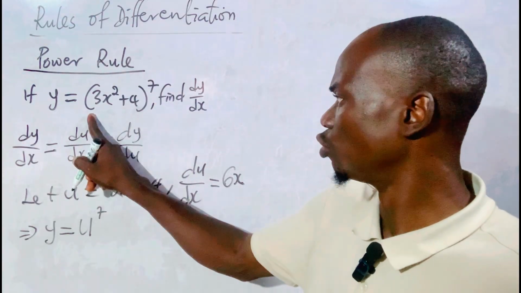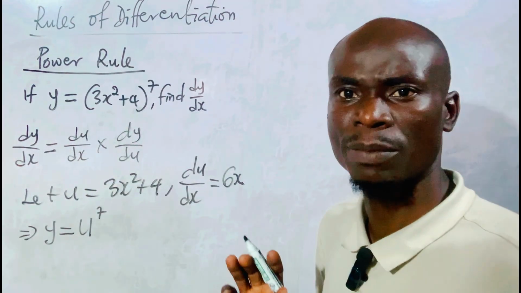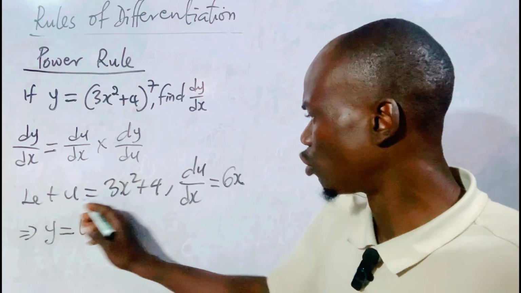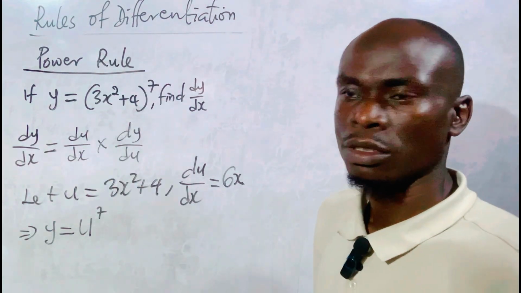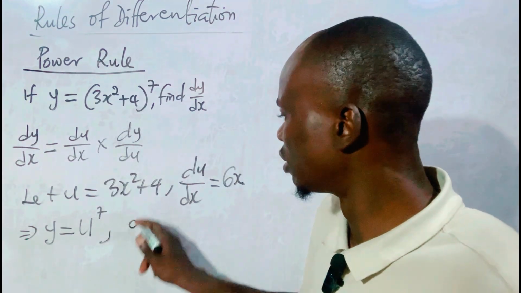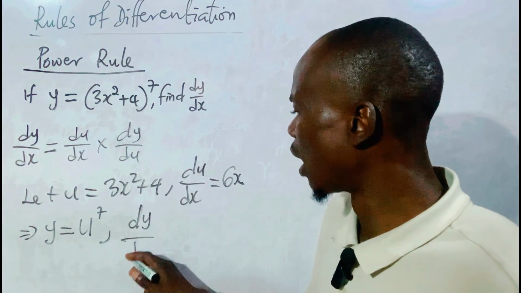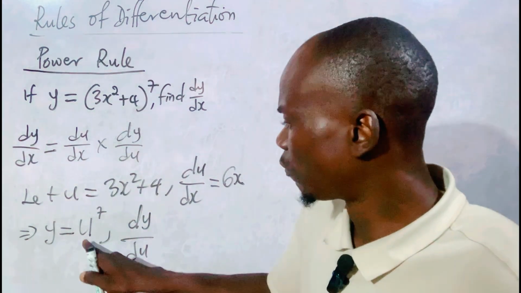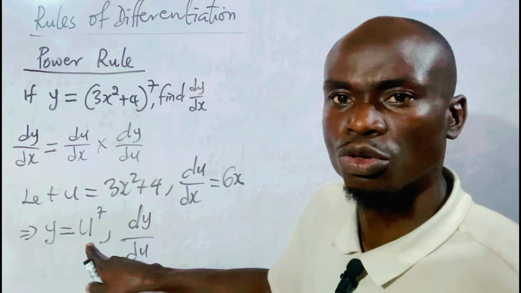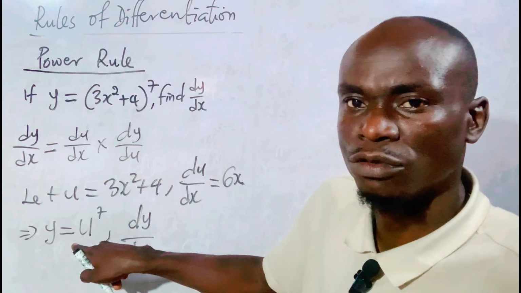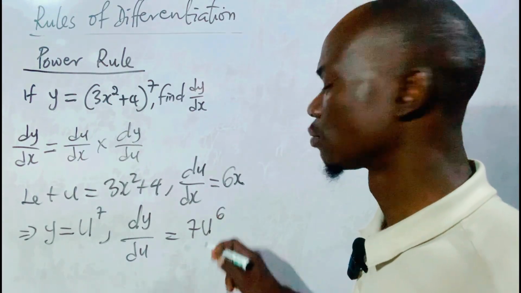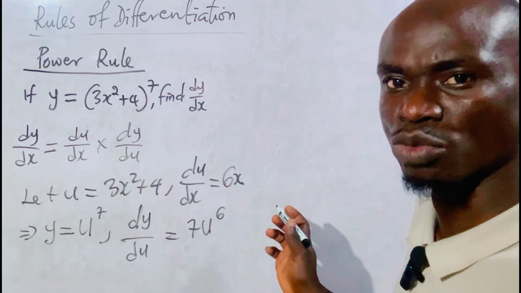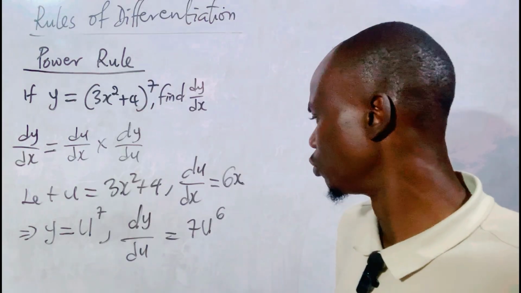So if the base is u, it means y is u raised to power 7. Am I correct? Immediately you take your u and differentiate, you bring that down. So this is what will now lead to our dy over du. When you differentiate y with respect to u, you are going to have 7 u raised to 6. 7 multiply, subtract 1 from the power, our general polynomial rule.